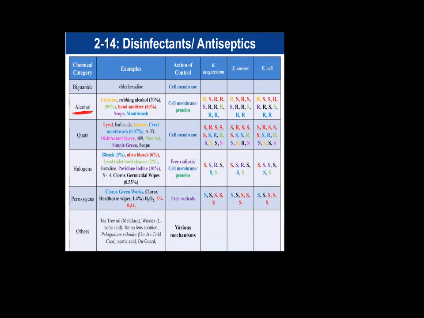particular chemicals. When we get down into our quaternary compounds, these disrupt cell membranes, and we've got a number of different types of chemicals that fit in the quats. They are going to target mostly bacteria, but we do have some fungi and virus that can be targeted by our quaternary compounds.